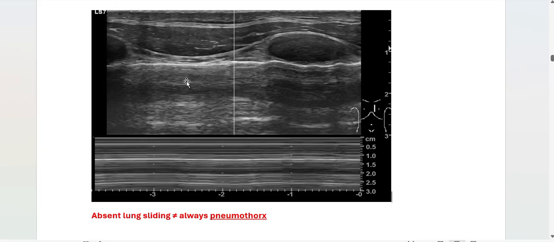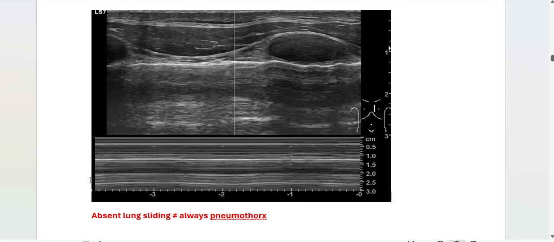In ultrasound, what we observe is that this line, always, shows a sliding line, it just keeps moving forward. But in pneumothorax there is absent lung sliding, the lung is not sliding. So that is the diagnosis for pneumothorax.